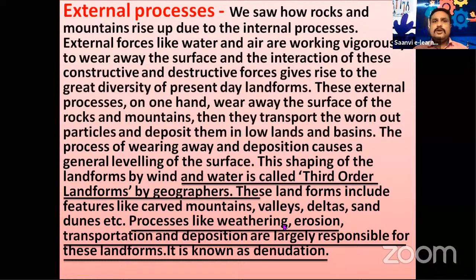So now let us see what all these processes are, and first, here you see how air and water transform the surface of the earth. Rocks were formed out of the molten material coming from the mantle of the earth. That is an internal process. How are the rocks formed? When a volcano erupts, the lava cools and forms rocks.